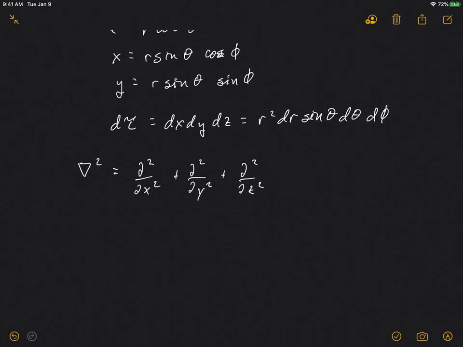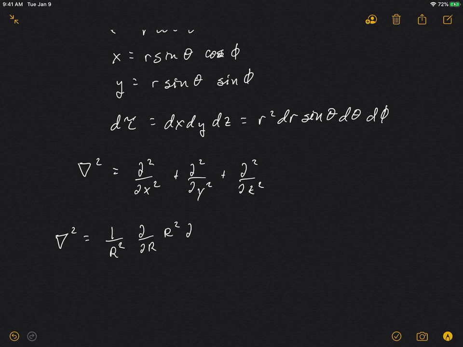However, in spherical polar coordinates, and this takes several pages to derive, we'll just use the standard result, which in spherical polar coordinates is that we get 1 over r squared d dr r squared d dr. And so when we actually act this on some function to the right, we're going to first take the derivative with respect to r.